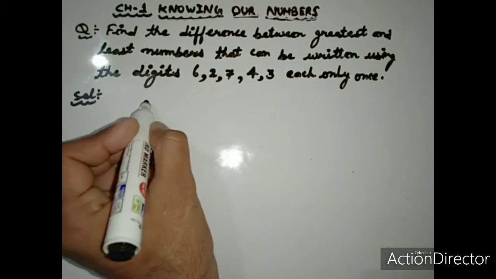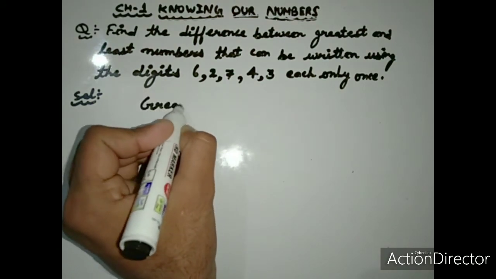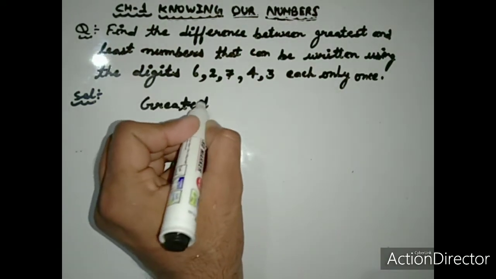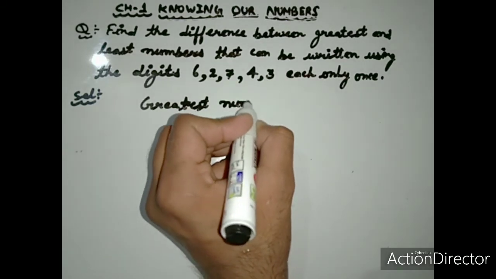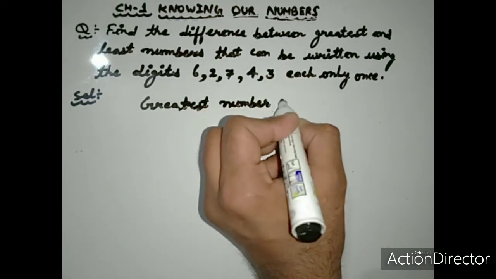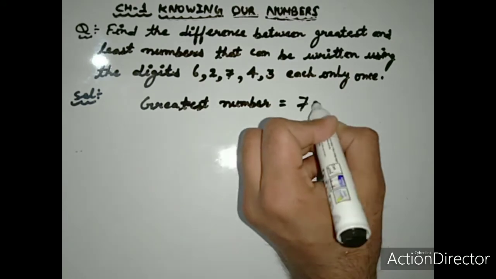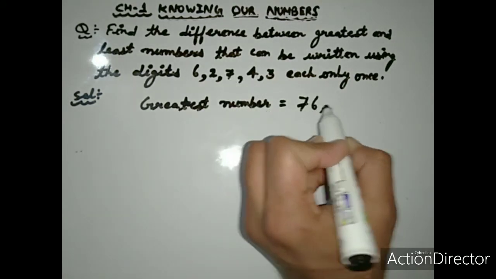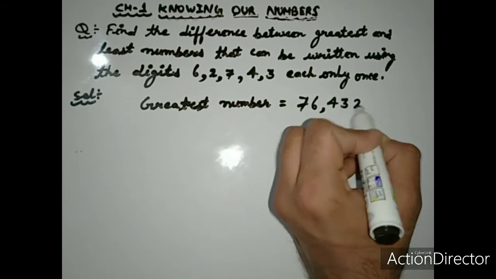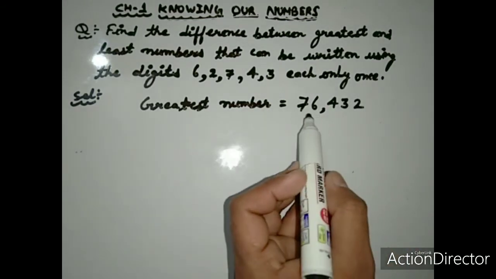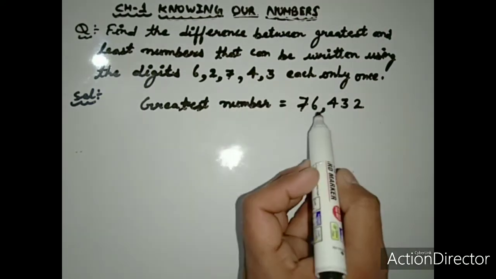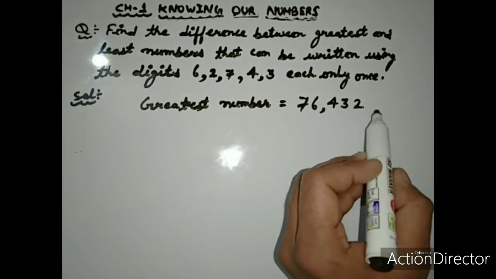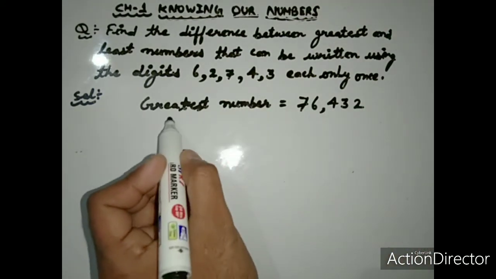So here we write the greatest number: 7, 6, 4, 3, 2. So here we get the greatest number by using these digits, 76,432.